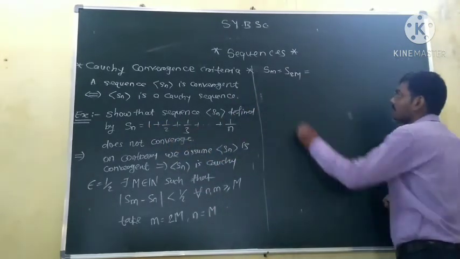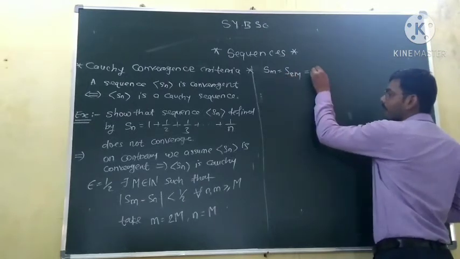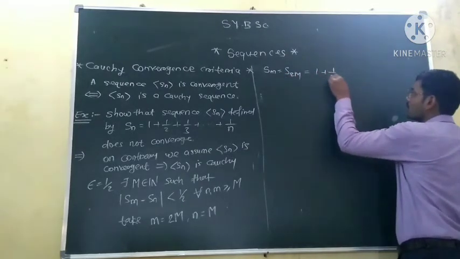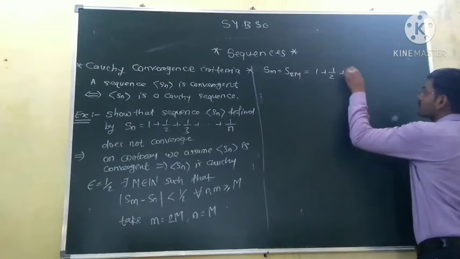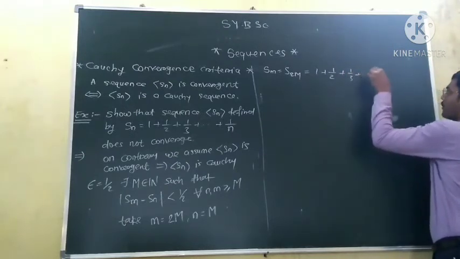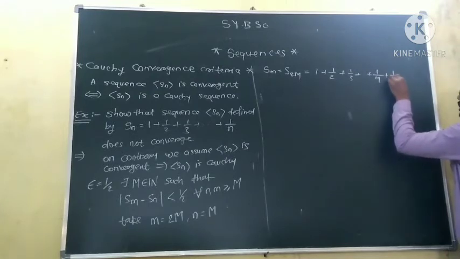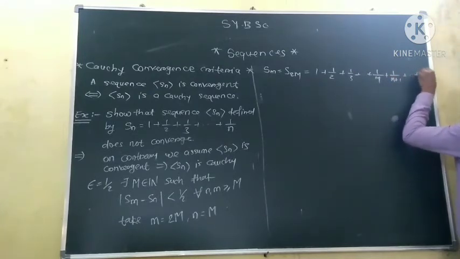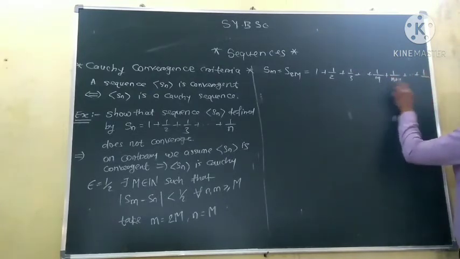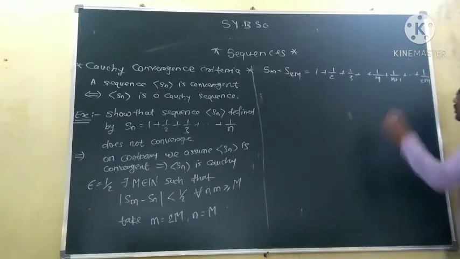S2M will be equal to 1 plus 1 by 2 plus 1 by 3 up to 1 by M, plus 1 upon M plus 1 up to 1 upon M plus M, that is 1 upon twice M.